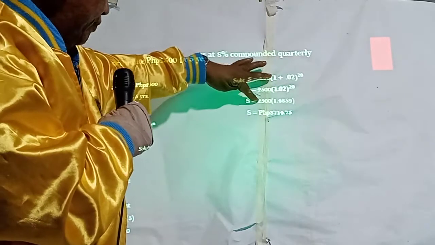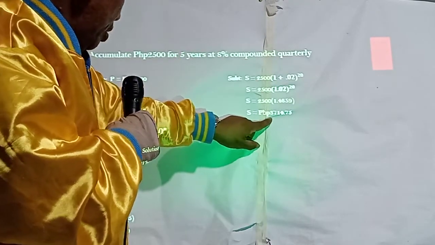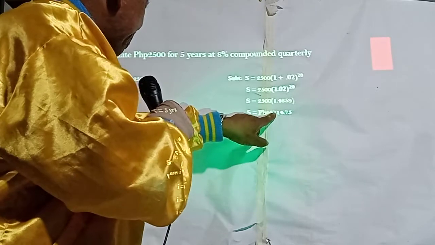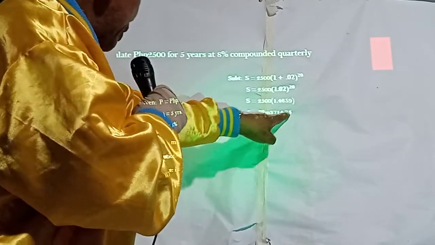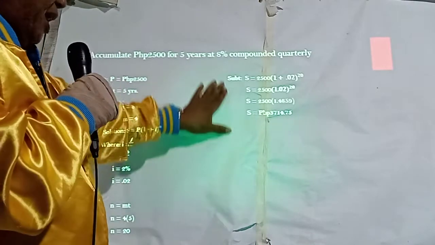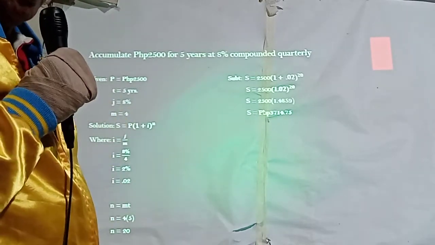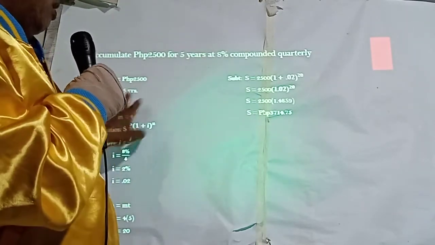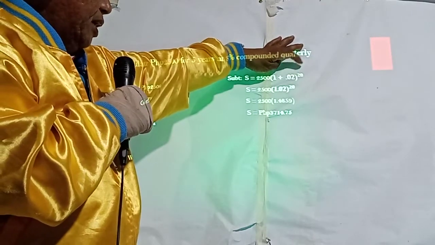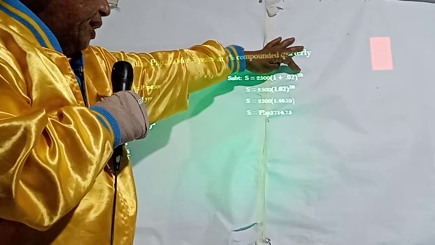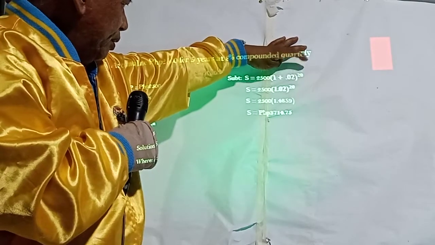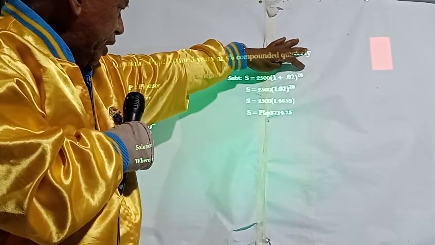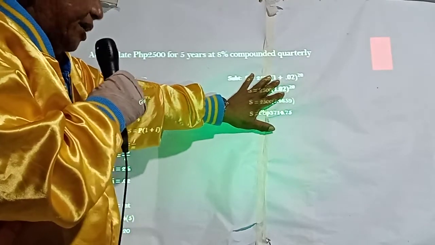We multiply it from 2,500, so we arrive to 3,714.75. So that is how we compute. So use your calculator so that you know how to raise N. So N is 20, raised to n, that is 20. So you arrive to this answer.